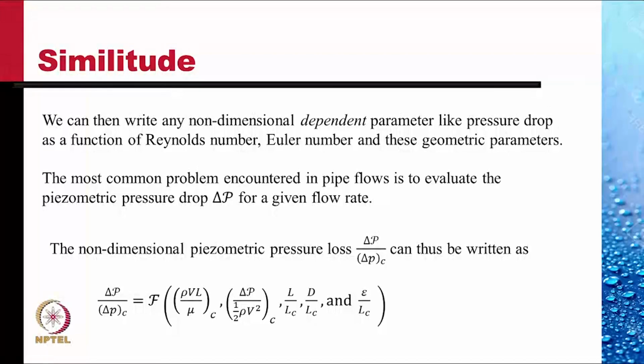The non-dimensional piezometric pressure drop, delta P divided by delta P characteristic, can then be written as a function of Reynolds number, Euler number, L by L_C, D by L_C, and epsilon by L_C.